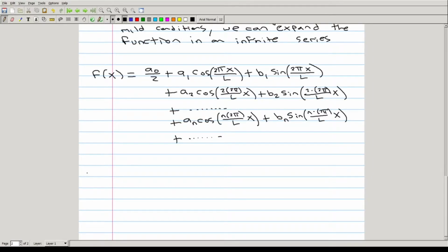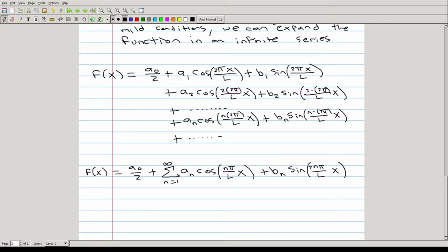So a nicer way of writing this infinite series, the Fourier series, is a0 over 2 plus the summation from n equals 1 to infinity of an times cosine of n pi over L times x plus bn times sine of n pi over L x.